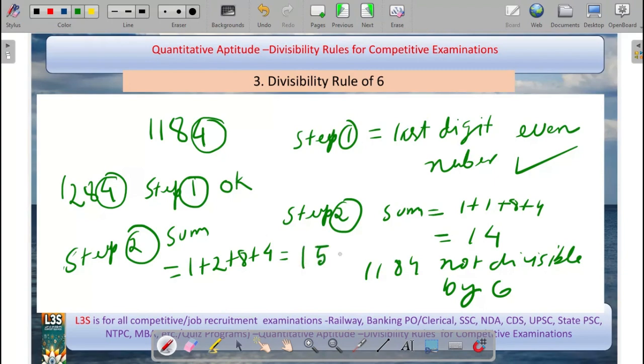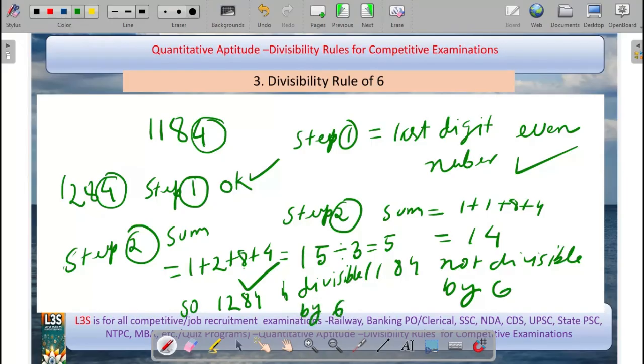Now 15 is divisible by 3. So in this case, step 1 and step 2 are both fulfilled, divisible by 2 as well as divisible by 3. So 1284 is divisible by 6.